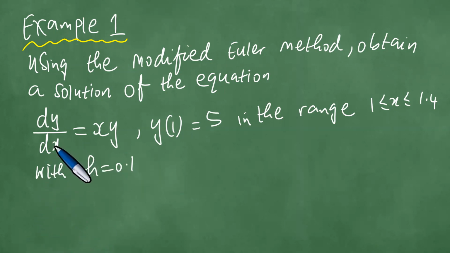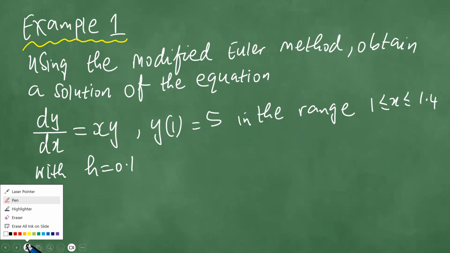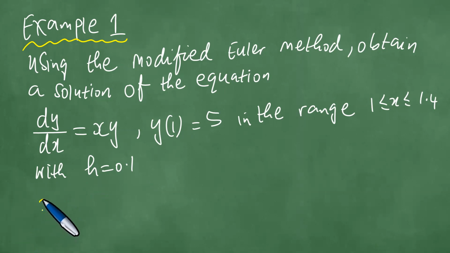If you're just saying dy/dx equals xy in the range 1 to 1.4, y at 1 equals 5, h is only 0.1, how do we find the answer in the range? If they ask the question like this, what the examiner wants here is y at 1.4, because they've given y at 1.